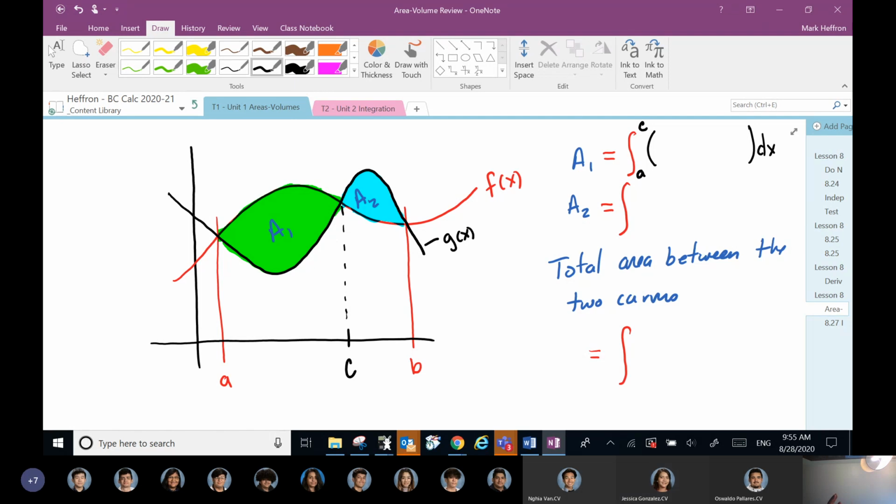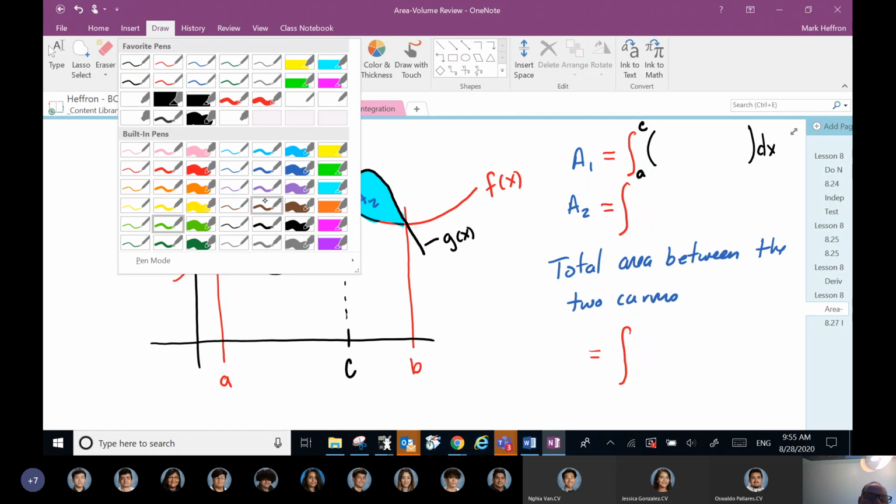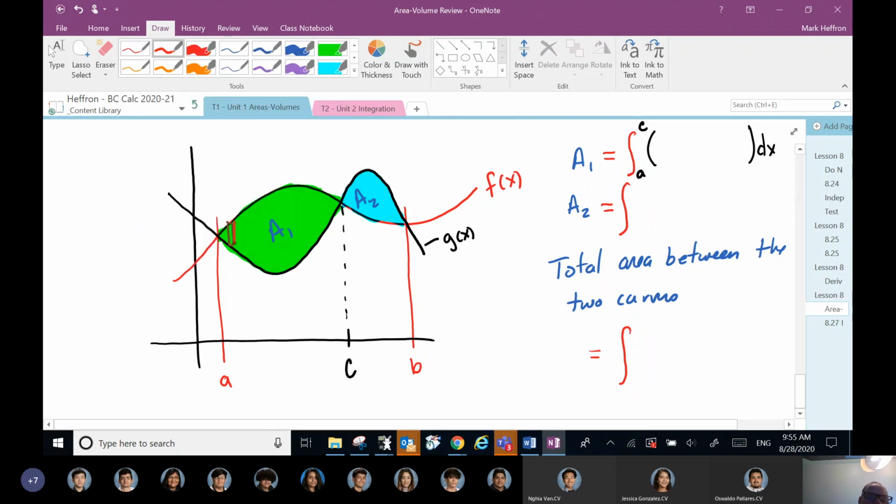Do you remember, Jessica? I'm not sure. Okay. What if I started to remind us that these are really just a ton of infinitely thin rectangles that we're adding up?